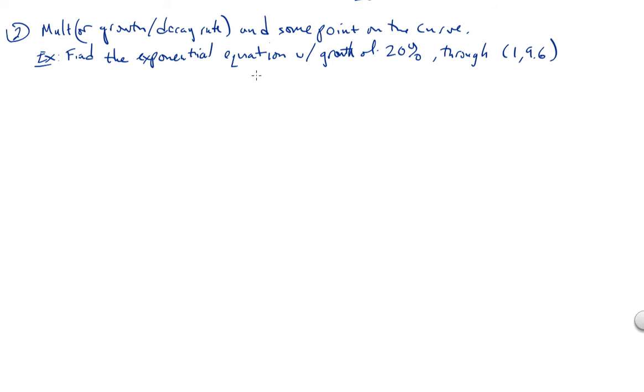So let's look at a table here. The growth rate will tell us that our multiplier is 1.2. So now let's make a table. Here's our x and here's our y, and then we can see what's happening. Let's start with 0, 1, 2, 3, etc. It goes through (1, 9.6). Now to get to what happens at x equals 2, we would just multiply by what?